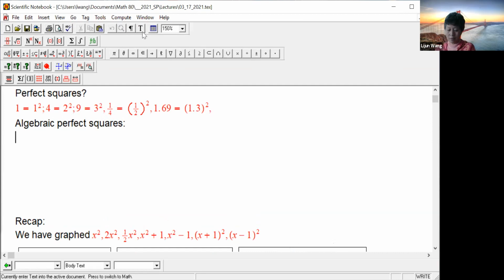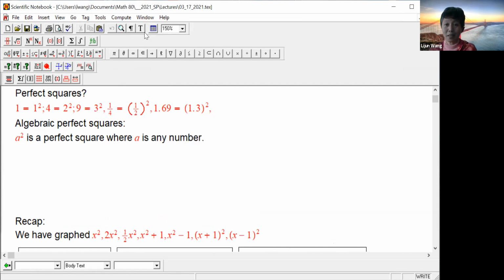And you can say, well, an arbitrary number a squared is a perfect square, where a is any number. So you can see we can make a perfect square by simply squaring a number, right? You square any number, the result is going to be a perfect square. Does that make sense?